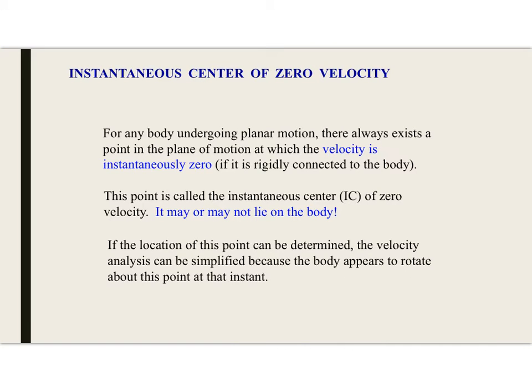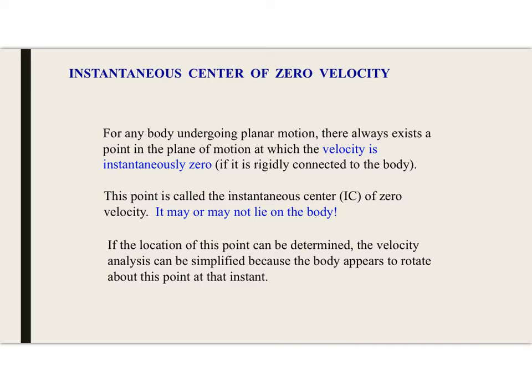So basically the idea is that if you have an object that's undergoing some sort of planar motion, there's going to be a point on that plane where the velocity is instantaneously 0. It doesn't actually even have to be on the body, but it's somewhere in that plane of motion.